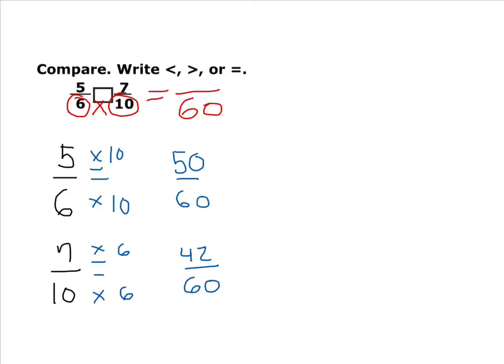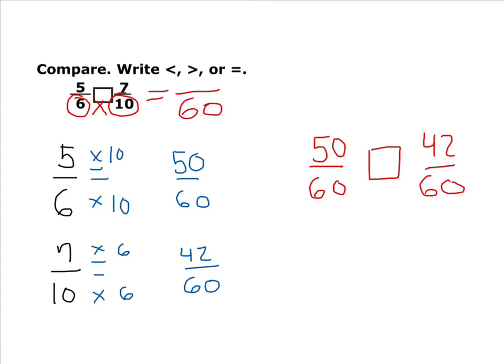So really, what I'm looking at here is 50 over 60. Is that going to be greater than, less than, or equal to 42 over 60? Now all we have to do is compare those top numbers because our denominators are the same, and obviously 42 is smaller than 50, so our alligator has to eat the 50.